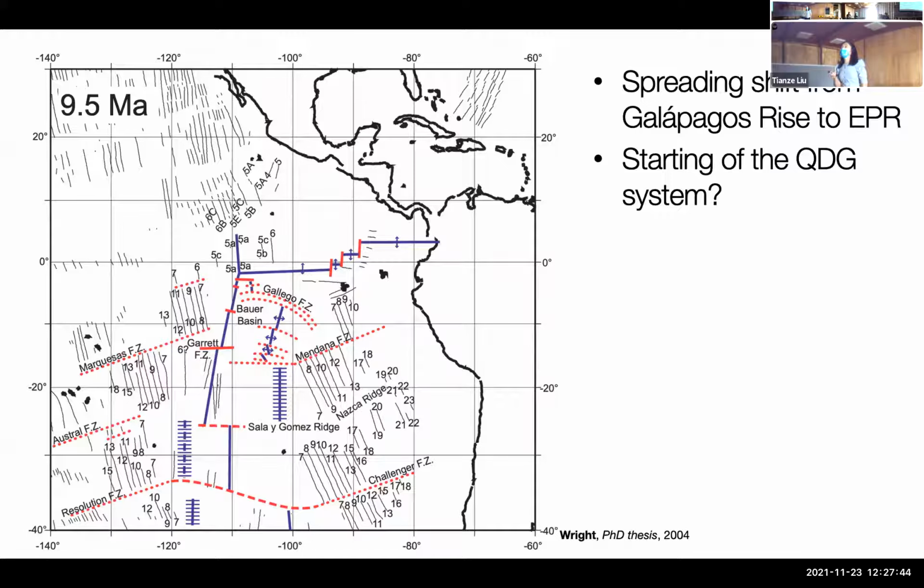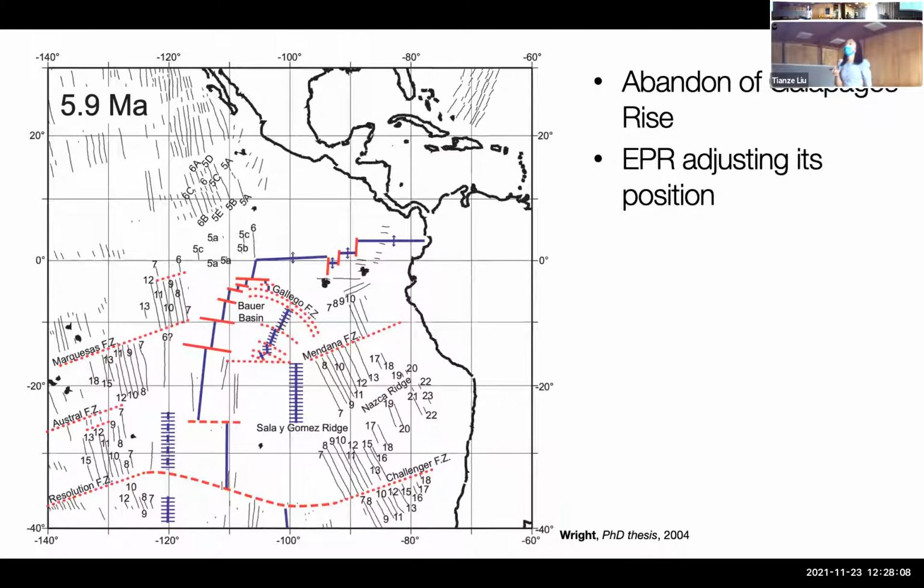At around 9.5 million years ago, the East Pacific Rise propagates to meet the coastal ridges, and gradually the spreading shifts from the Galapagos Rise to the East Pacific Rise. By about 6 million years, the Galapagos Rise was gradually abandoned, and the East Pacific Rise became the new plate boundary between the Pacific and the Nazca plate.